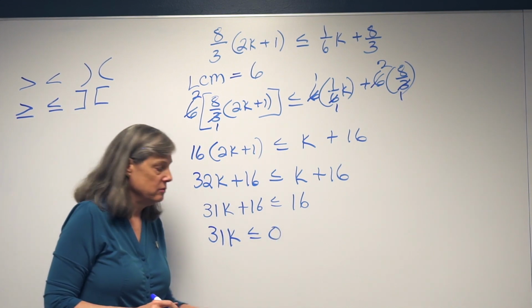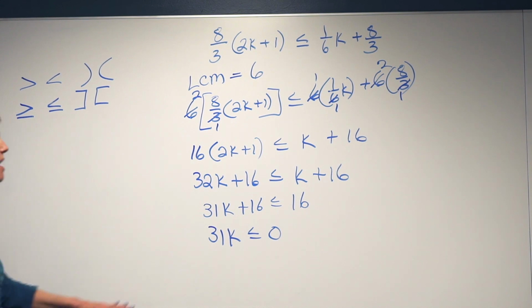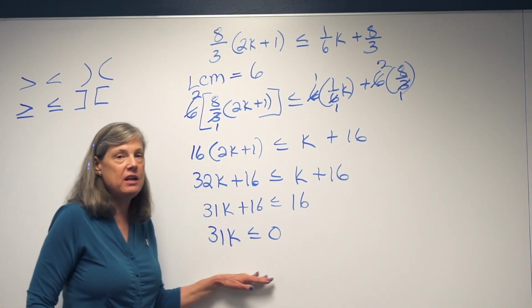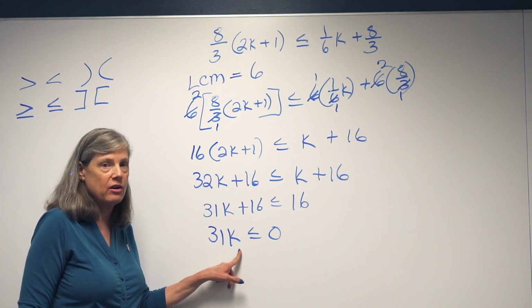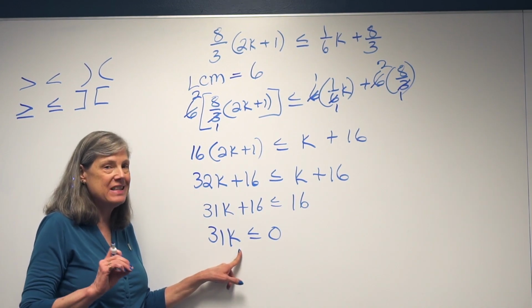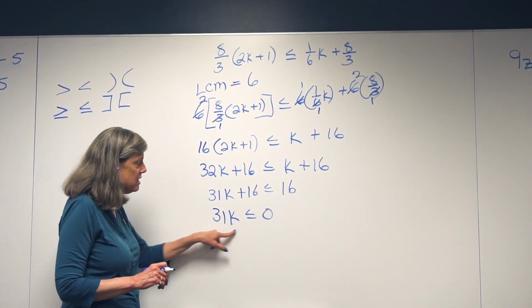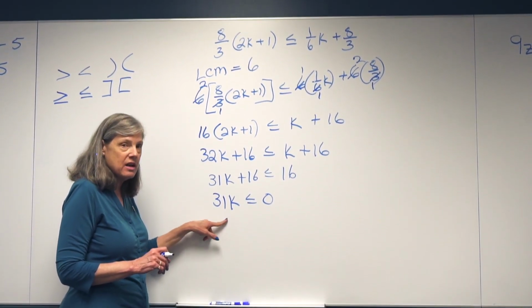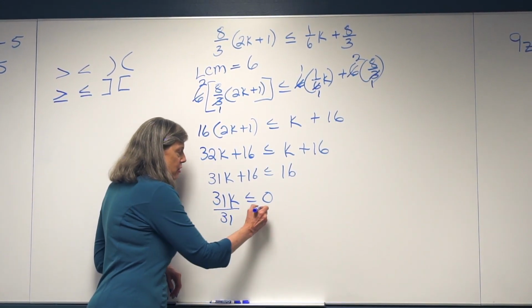0. Now remember, do not freak out and go, oh, this must be no solution. No, we still have a variable here. All of our variables did not go away. So don't look at this. Focus on this. What do I need to do with this to get the variable by itself? Divide by 31.